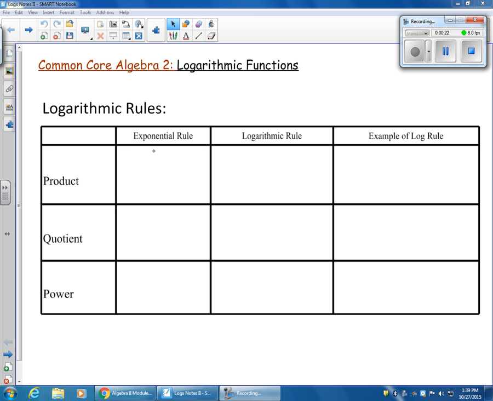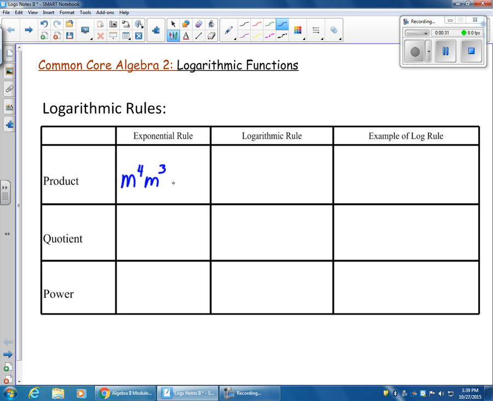First, use your product rule. If you go back to exponential rules, we would have, when we're multiplying, product means to multiply. M to the 4th times m to the 3rd, you would add exponents. The rule is the same for logarithms.